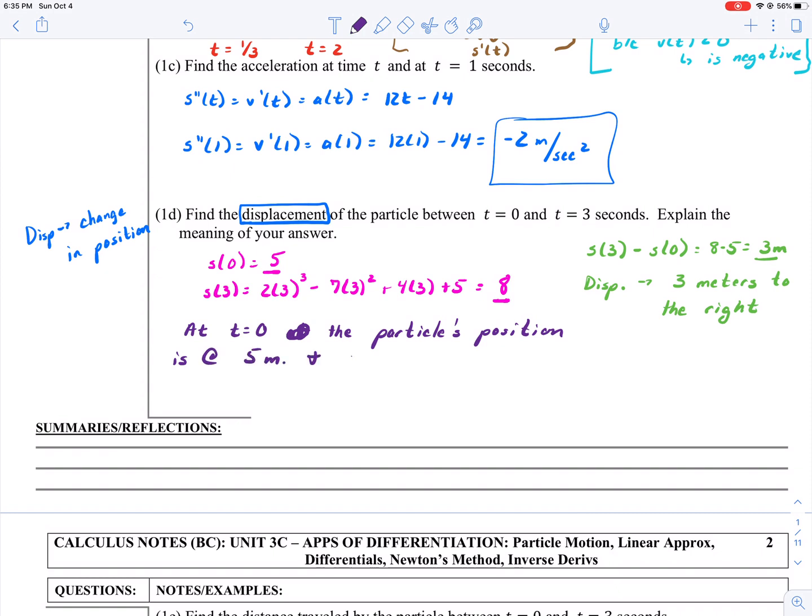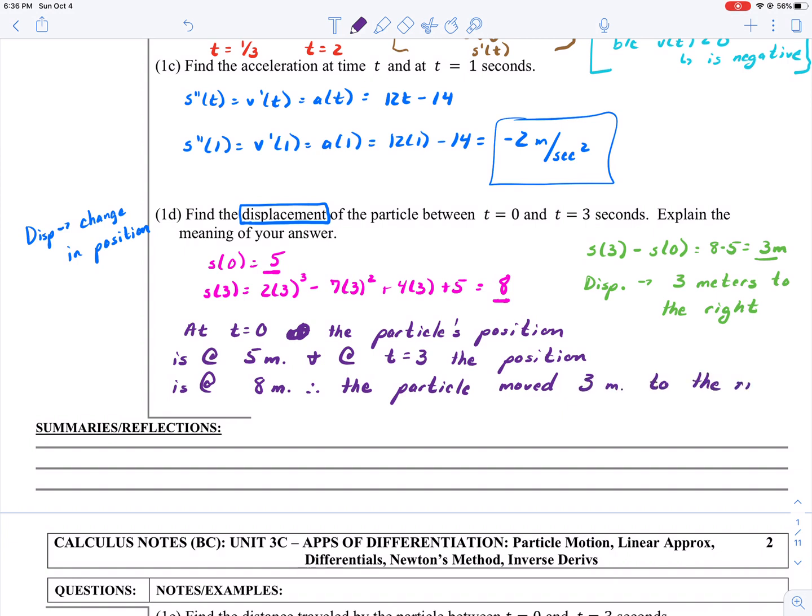And at t equals 3, the position is at 8 meters, trying to make sure I use my units there. Therefore, the particle moved 3 meters to the right.